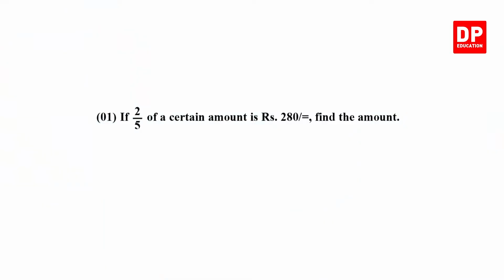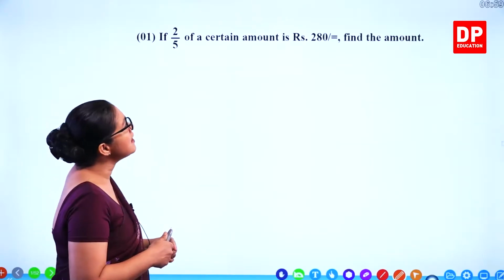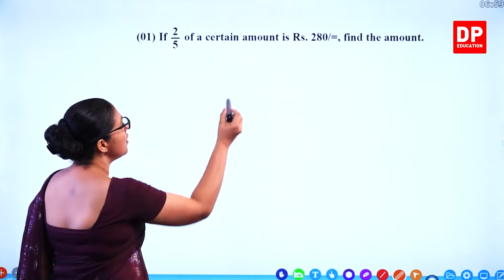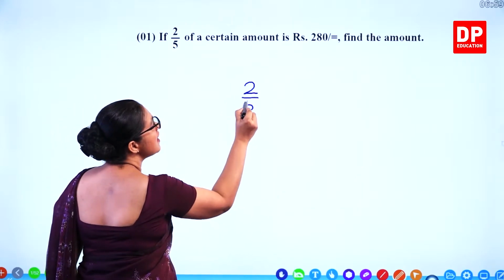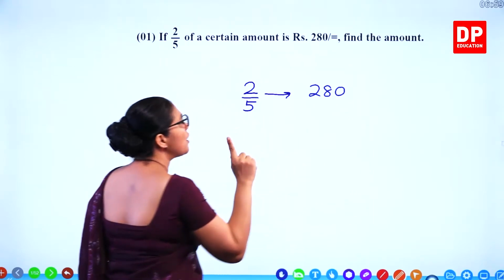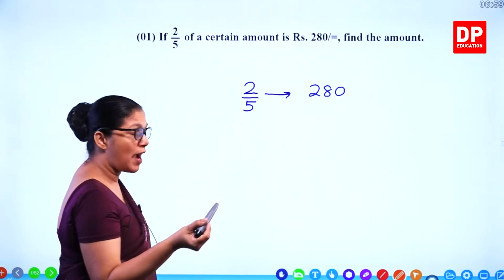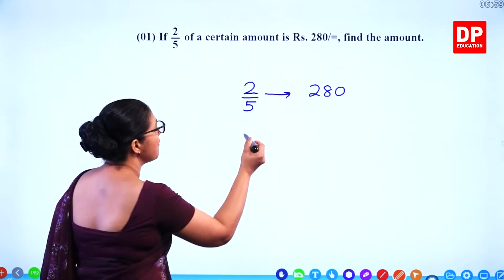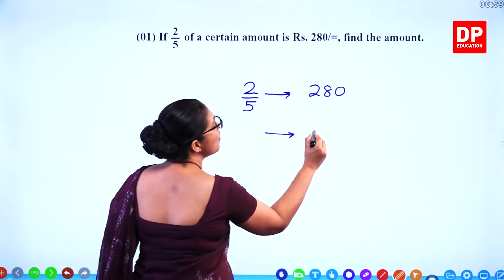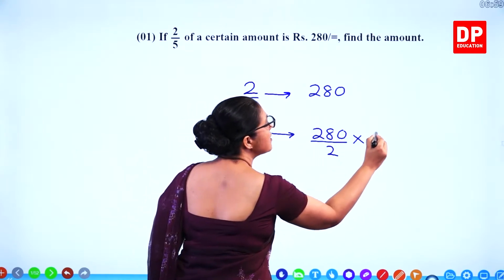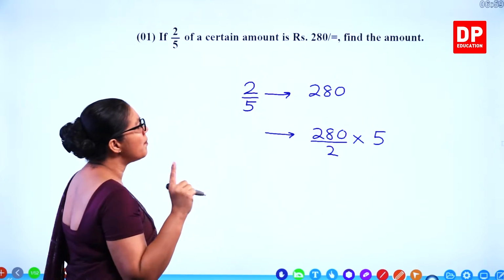Let's take question number 1. If 2/5 of a certain amount is 280 rupees, find the amount. So it says 2/5 is equal to 280 rupees. So what about 1/5? You have to divide by 2. For the full amount you have to multiply by 5. So you have to divide this by 2 to get one part and multiply by 5 to get full parts.